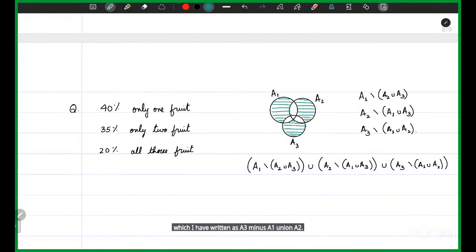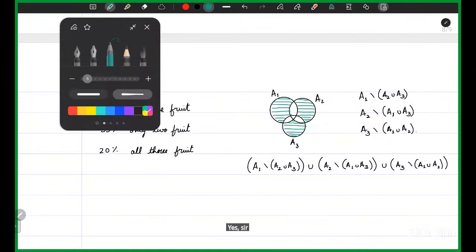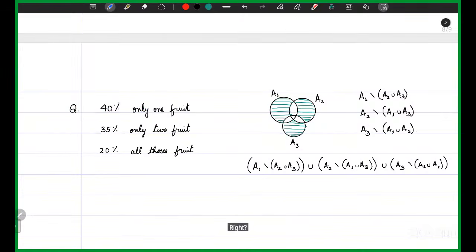And these shaded regions, all three of them together, contain all the people who like exactly one fruit. Right? Yes, sir.